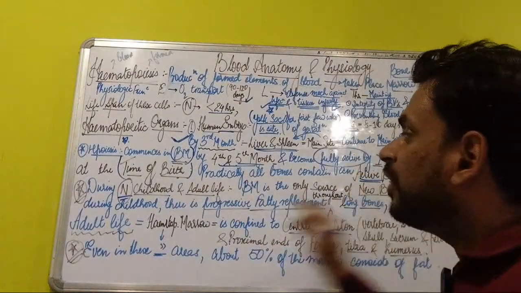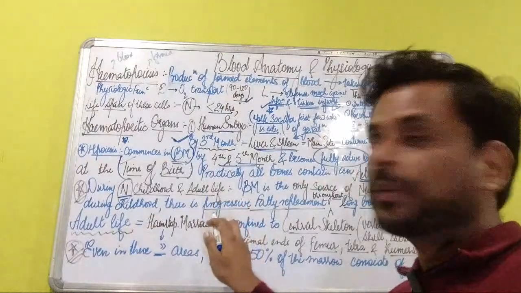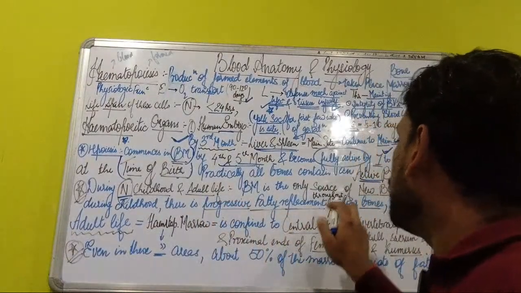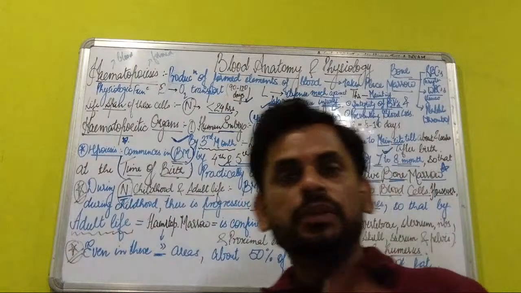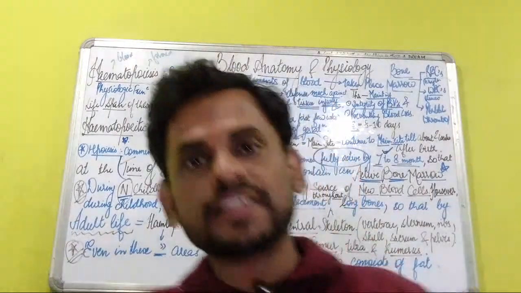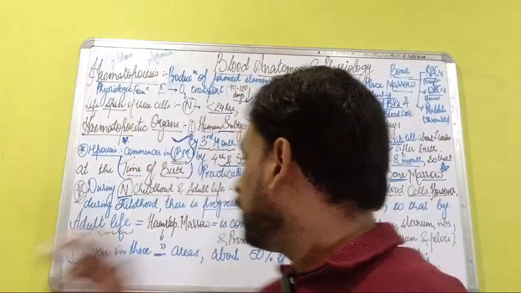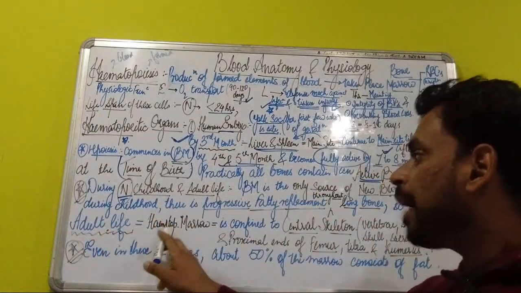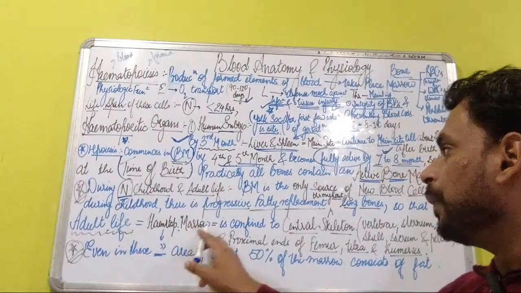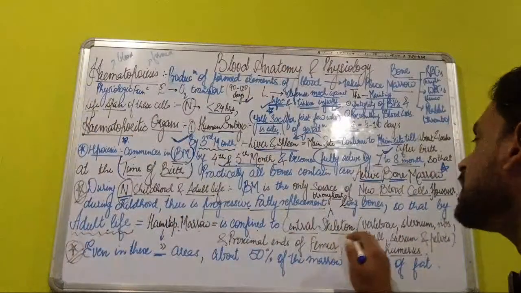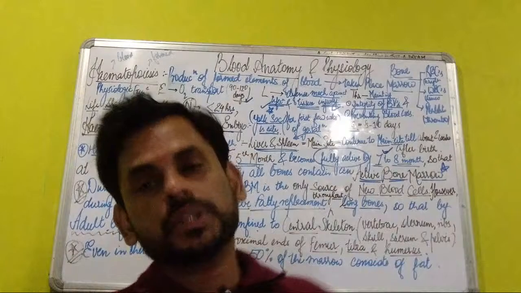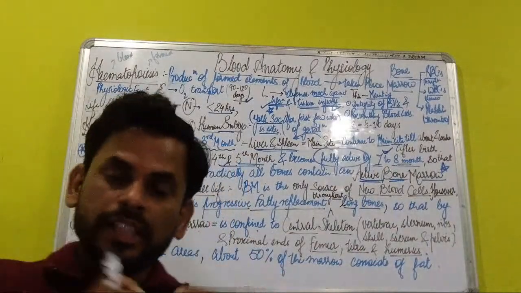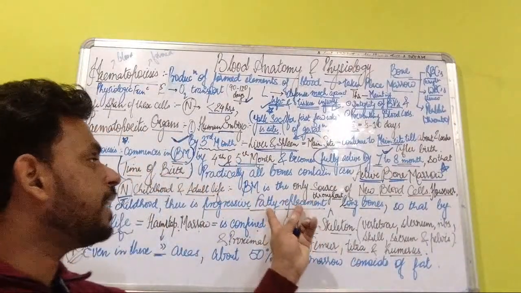However, during childhood, there is progressive fatty replacement throughout the long bones. Slowly and gradually, there is progressive fatty replacement, so that by adult life, the hematopoietic marrow is confined to the central skeleton.